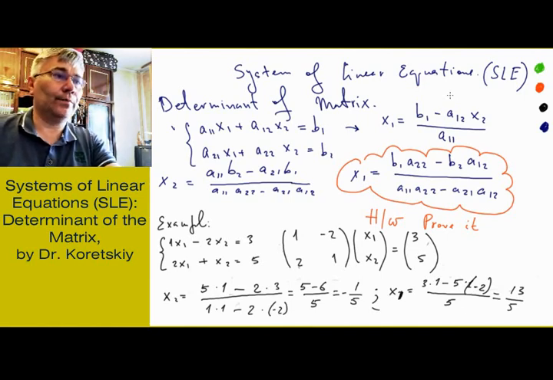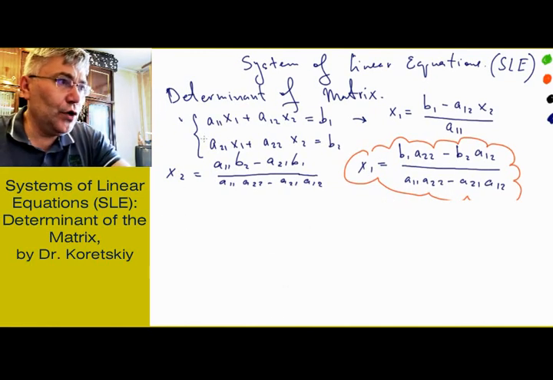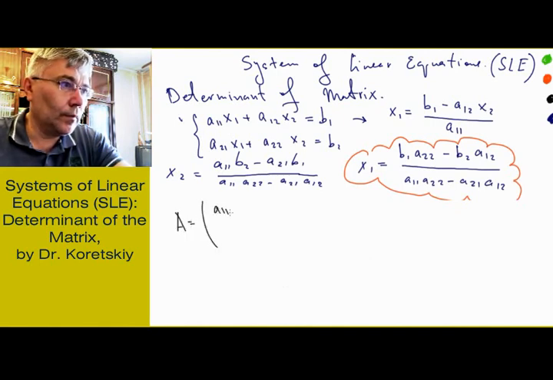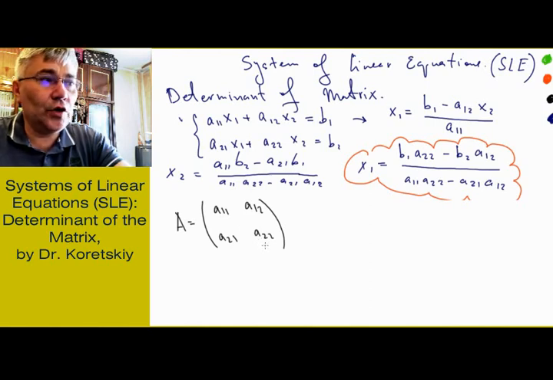What do we have here? We have a very important result here. This expression, if I put it down in matrix form, A equal A11, A12, A21, A22. You can notice that A11, A22 is the multiplication of the diagonal elements.